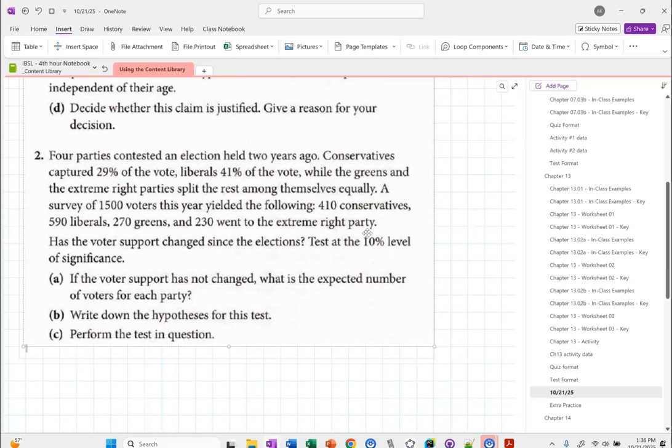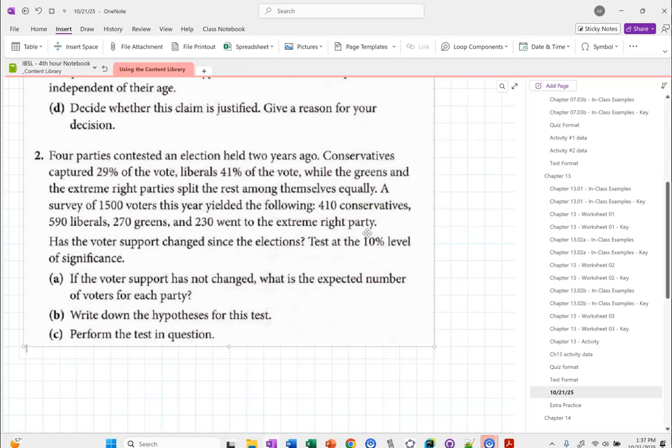Brooks: So if they're in percentages, but the other list is in just numbers, how do you do that? So the numbers are the observed counts, right? How am I going to get an expected count? If the observed counts match the known distribution, how many conservatives would I have expected to have? 0.29 times 1,500.